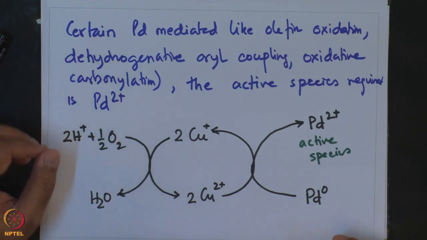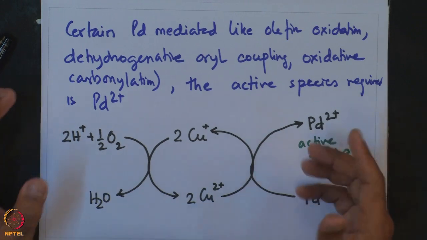So, what we see is that for palladium mediated C-C bond forming reactions, certain reactions require palladium 0 as the active species, like cross coupling reactions, and certain reactions require palladium 2 as the active species, and for those an additional copper 2 copper 1 couple is required, and these are mainly used for the Wacker reaction, olefin oxidation, dehydrogenative aryl coupling or oxidative carbonylation reaction.